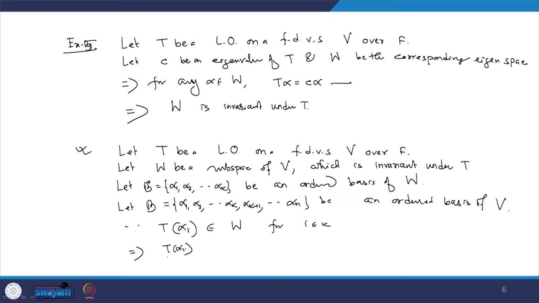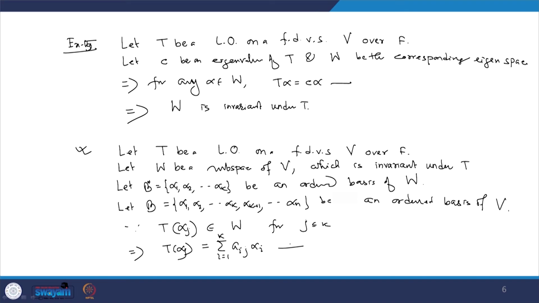So, there are only k scalars, say a 1i, a 2i, a 3i up to a ki, such that T of alpha i can be written as the sum over j equal to 1 to k of a ji alpha j, because W is invariant under T. So, that is why the image of T alpha i, for i less than or equal to k, I will be able to express with the basis elements of W. So, T alpha i will be a linear combination of alpha 1 to alpha k only.